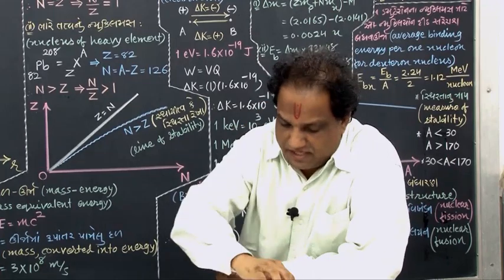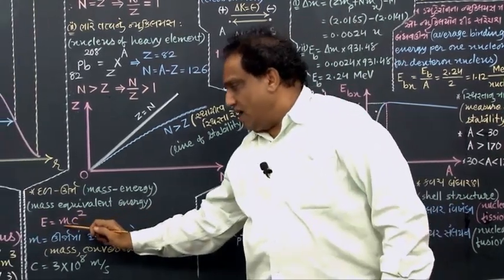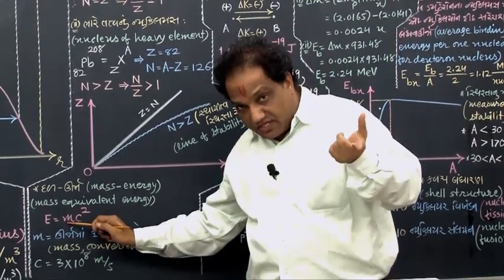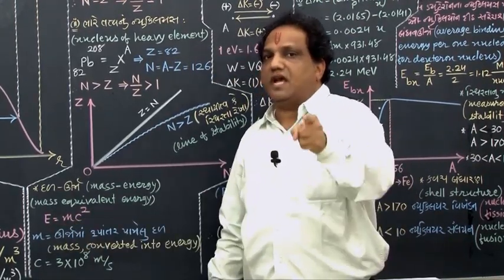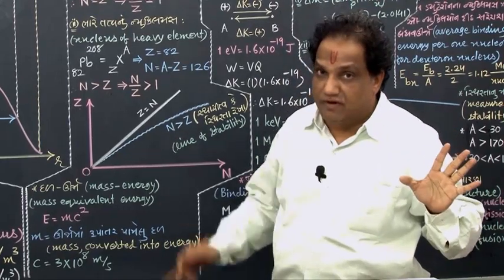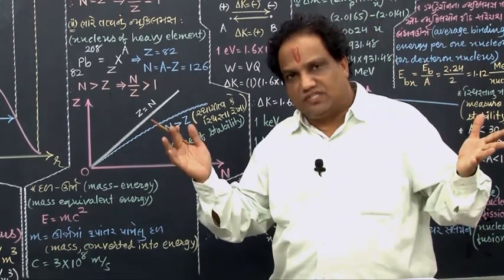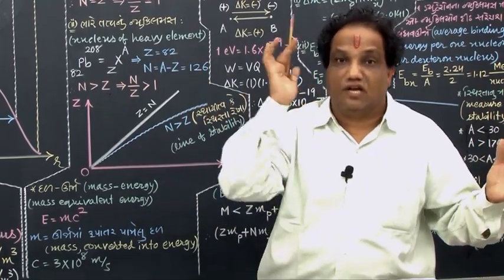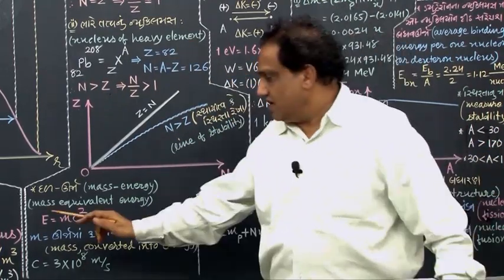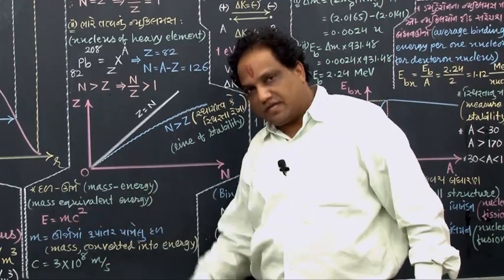He proved that if m amount of mass is converted into energy and the energy obtained is E, then E equals mc squared. This is the famous relation between mass and energy, called the mass energy conversion relation. E equals mc squared. Correct?